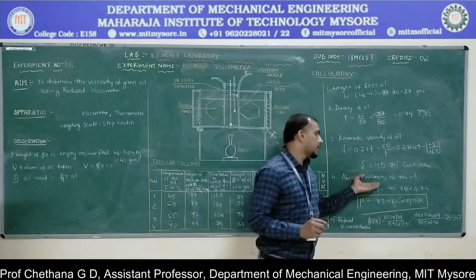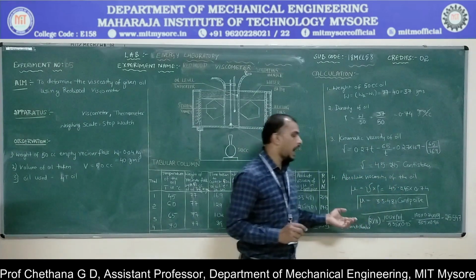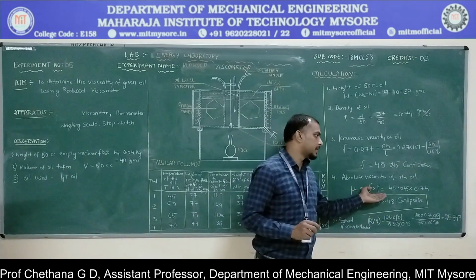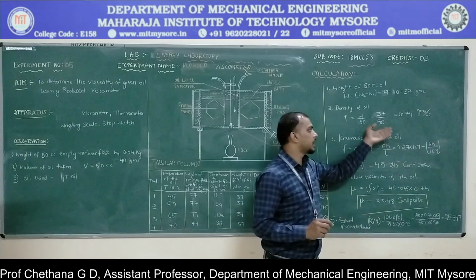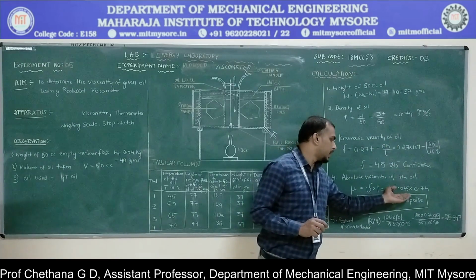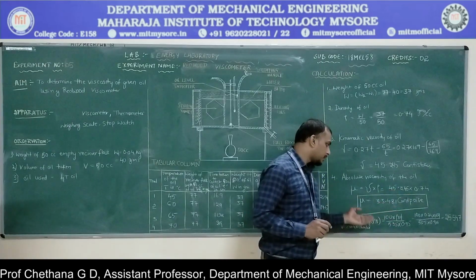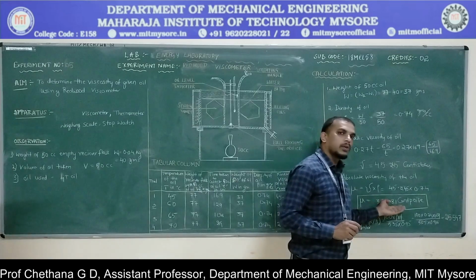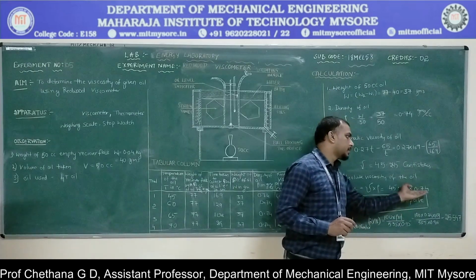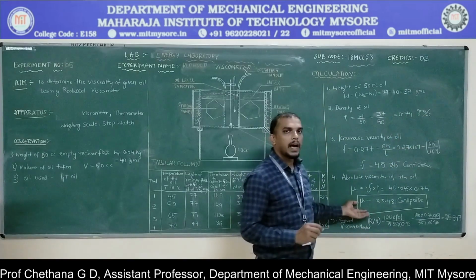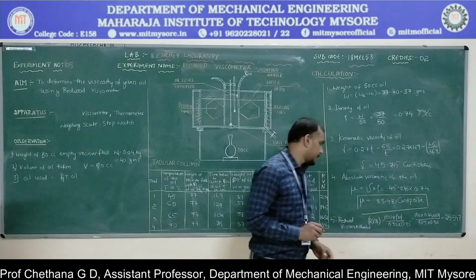Then in order to have the absolute viscosity of the oil, we have the formula, that is kinematic viscosity into density. So we found out the density here just to be substituted here and to find out the absolute viscosity. Absolute viscosity, we get it as 33.481 centipoise. Substitute density in grams per cc, we get absolute viscosity in centipoise.